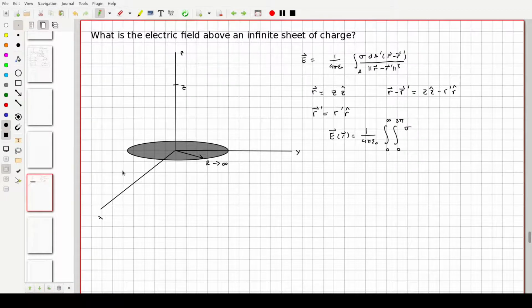We're going to assume that it's uniformly spread out, so it's a constant. dA is what I pointed out earlier: r prime dr prime d phi prime. R minus r prime is z hat minus r prime r hat. And then we're dividing it by the length of the vector cubed, which is going to be z squared plus r prime squared, to the 3 halves.